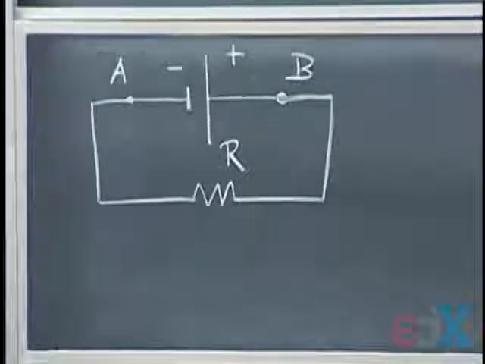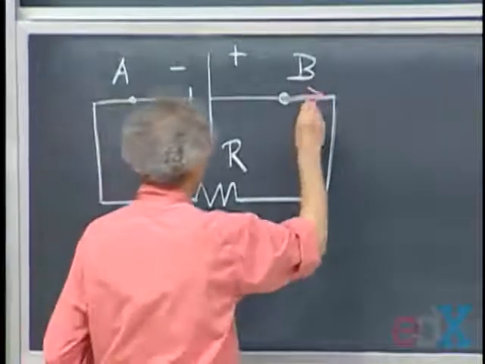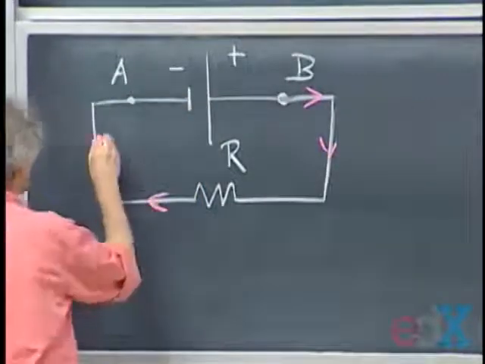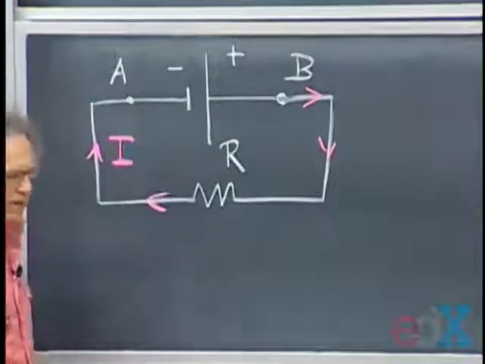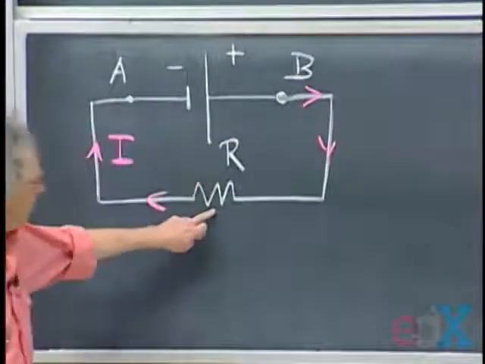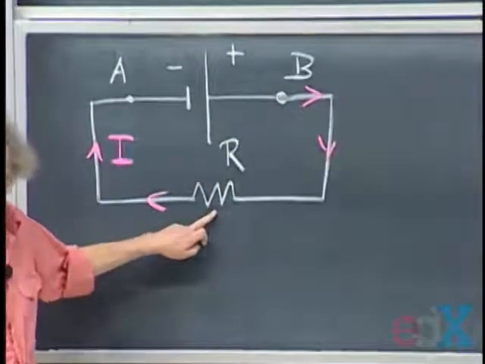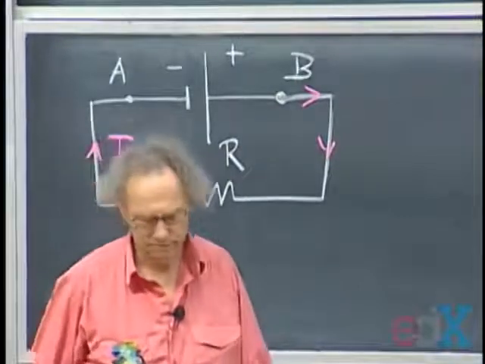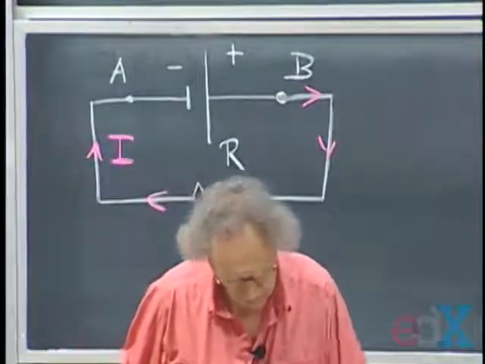The current is going in this direction. The current I. This could be a light bulb, could be your laptop, could be a hairdryer, whatever. That's your supply.